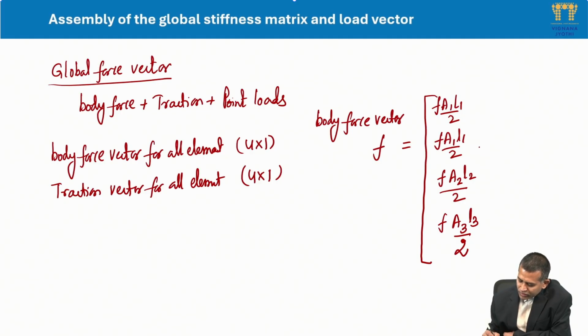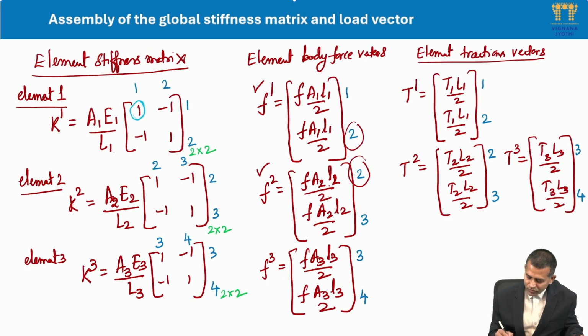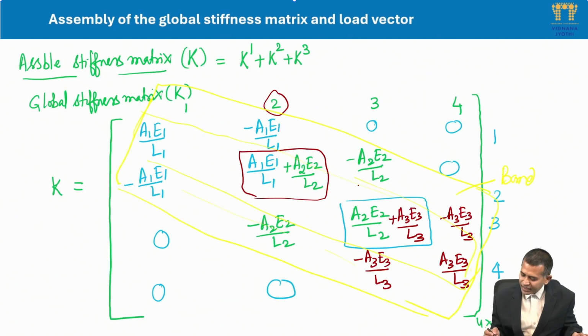But when you talk about node 2, at node 1 it is F1 A1 L1 by 2. But when you are talking about node 2, we have the body force because of F A2 L2 by 2, right? So that is to be added to this node.